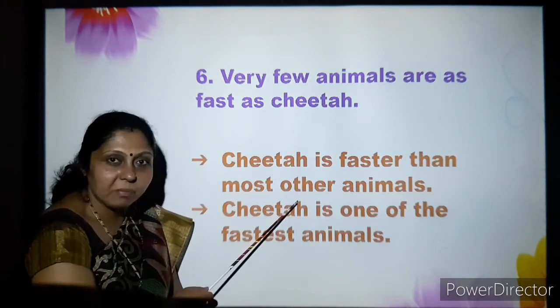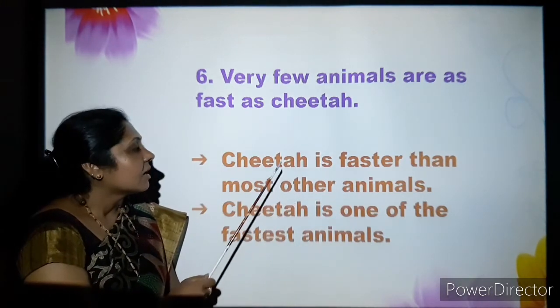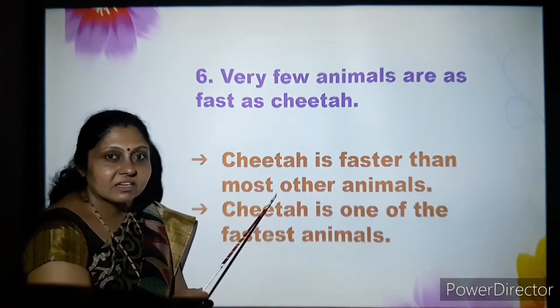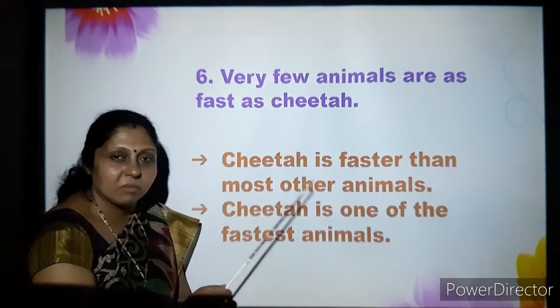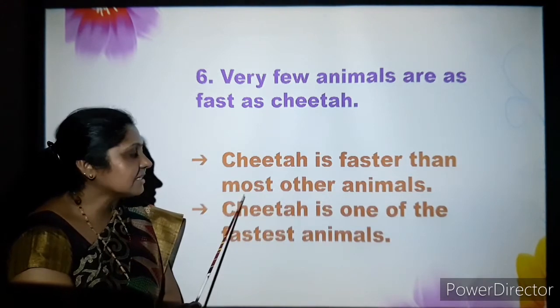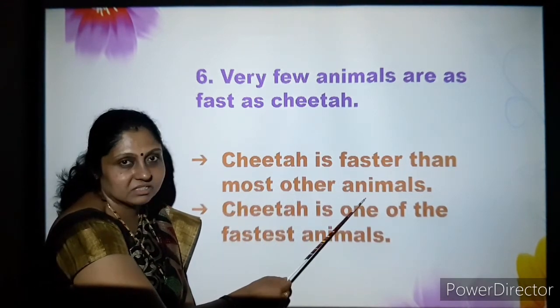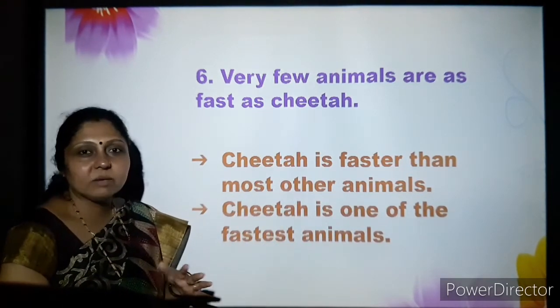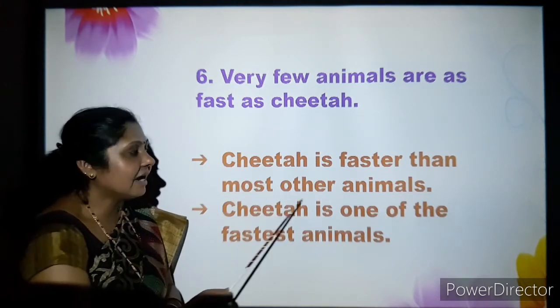See, here it is comparative degree. One thing we have to observe here is, as there are some other animals, we are putting it as "most other animals". If there were no such animals, then we put it as "any other animal".